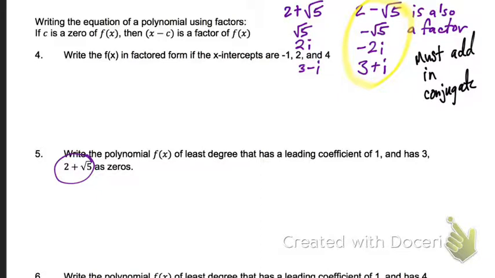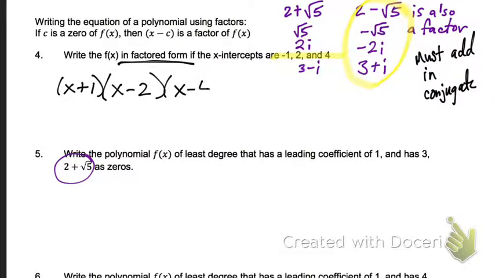So number 4, that one's easy, and I'm not going to make you FOIL it all out because that takes forever and we don't have time. If it says write it in factored form, then you can just leave it in the parentheses. It gives me the x-intercepts as negative 1, 2, and 4. So for the factored form, I'm going to take the opposite sign. It's going to be x plus 1, x minus 2, and x minus 4, and then I'm done.